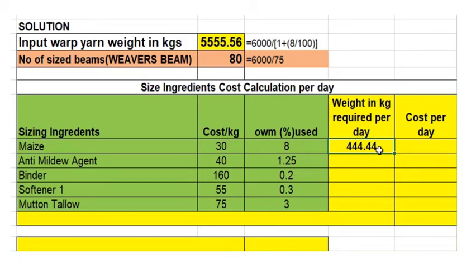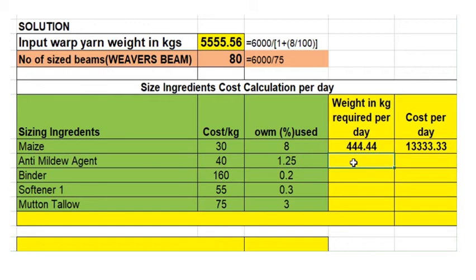This many kgs of maize is required per day. The cost per kg of maize is 30 rupees, so 444.44 into 30, we get 13,333.33.